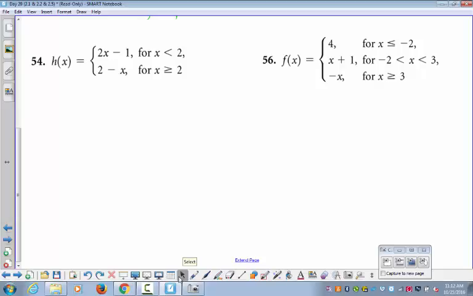It can be a little challenging when you're looking at those pieces. But once you understand all the moving parts, it's just a matter of finding your transition points and your closed dots and your open dots.